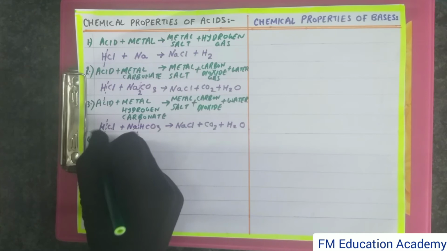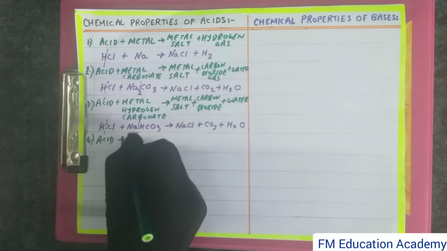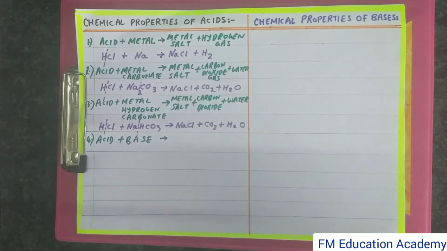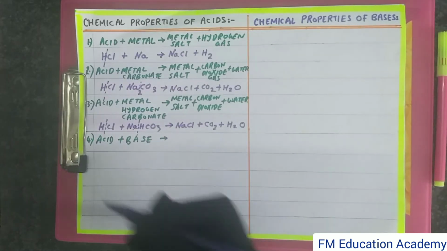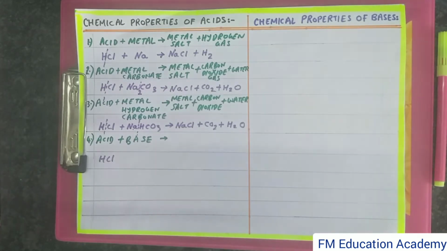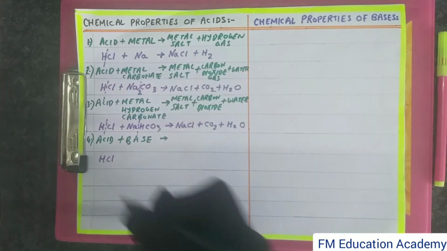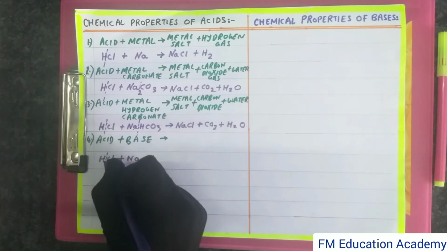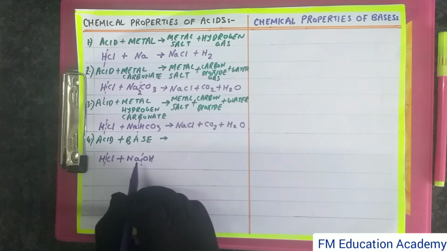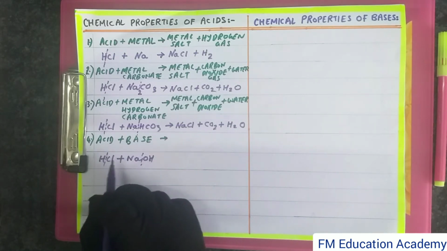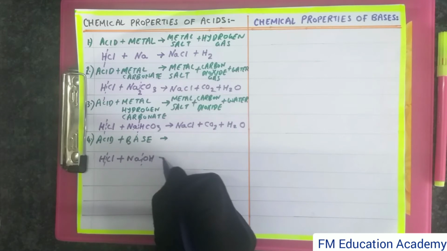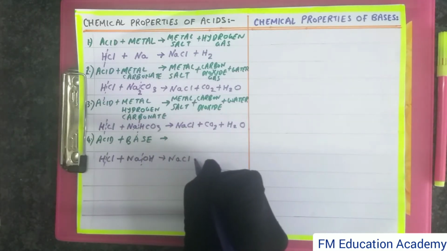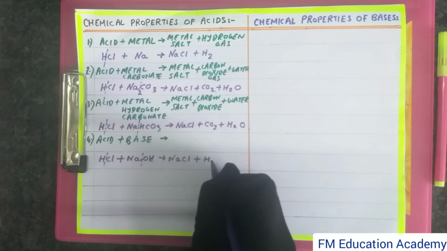The fourth reaction is acid reacting with base to form what? For that let us take HCl again as acid, and for base let us take NaOH, that is sodium hydroxide. So how to know the reaction? Again it splits. When hydrochloric acid is mixed with sodium hydroxide, Na combines with chlorine to form NaCl, and we have 2 hydrogen and 1 oxygen, so it will form sodium chloride and water.